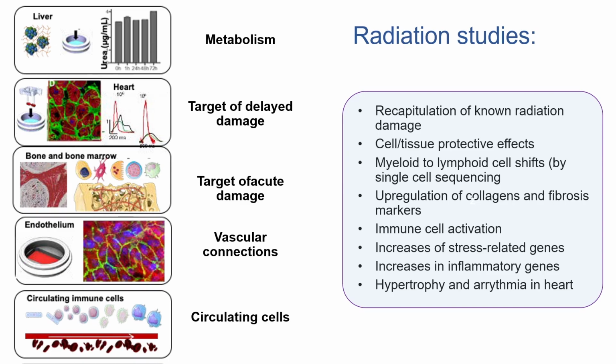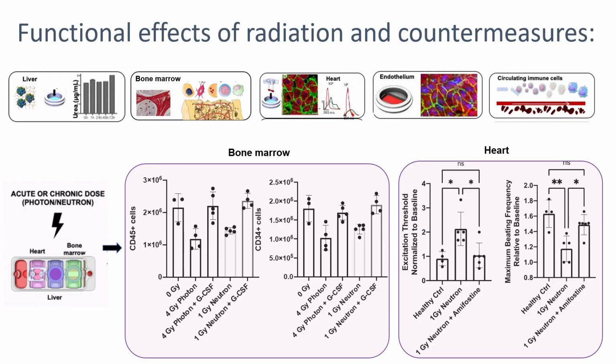We included the heart muscle, which is a known site of delayed, like a chronic radiation damage, bone marrow, which is the site of acute radiation damage, and then we have endothelium, which is needed to establish connections, and we also included immune cells, which are generally important and are also important for the response of tissues to radiation damage.